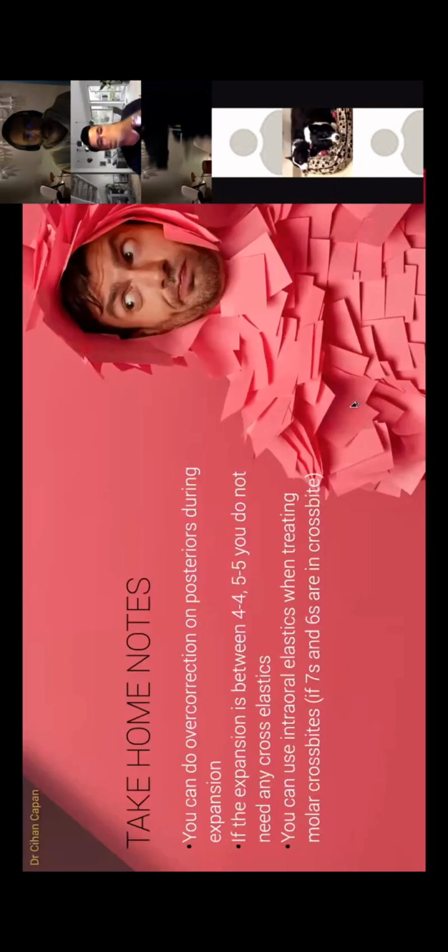and yes, for transversal anomalies, you can do overcorrection on posteriors during expansion. If the expansion is between 4, 4.5, 5, you do not need any cross elastics. You can use intraoral elastics when treating molar crossbites if 7s and 6s are both in crossbite.